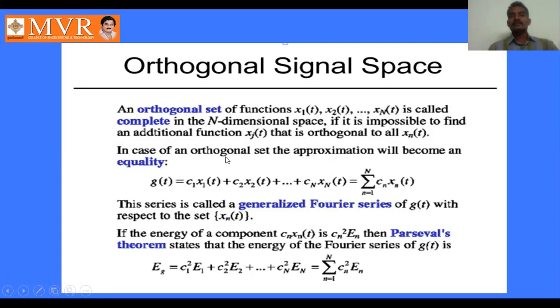Then in the case of an orthogonal set, the approximation becomes an equality, that is g(t) can be expressed as c1 x1(t) + c2 x2(t) + c3 x3(t) plus up to cn xn(t). This is nothing but the summation over n from 1 to n of cn xn(t). This series is called the generalized Fourier series of g(t) with respect to the complete set xn(t).